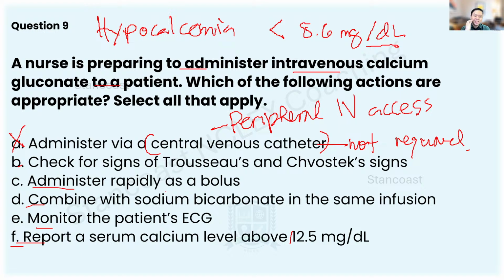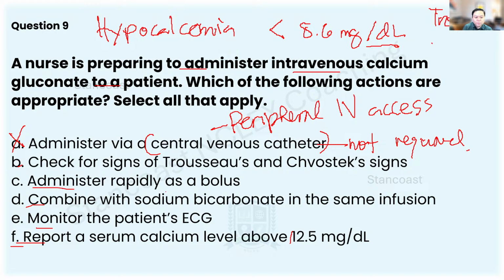When you're going to tap their cheek, they will have the twitches. We call that Chvostek sign. Or if you're going to measure their blood pressure, this can cause the spasm, the Trousseau sign, into their arm. So when the blood pressure cuff is squeezing their arm, it will cause their arm to move inwards. That is what we call a Trousseau sign.